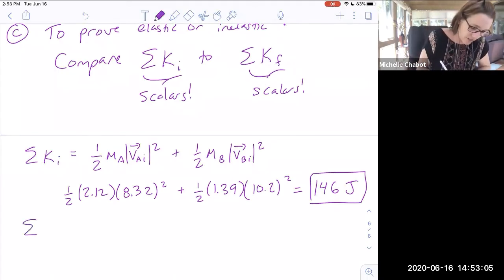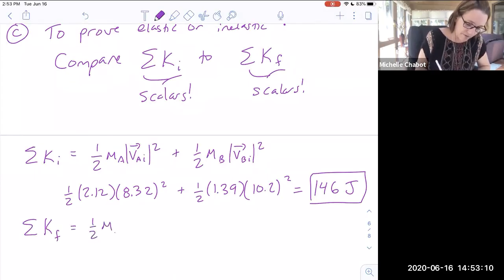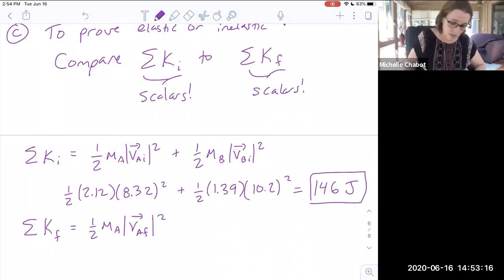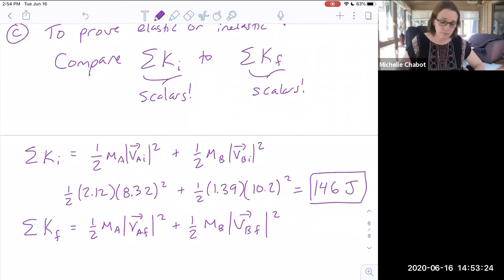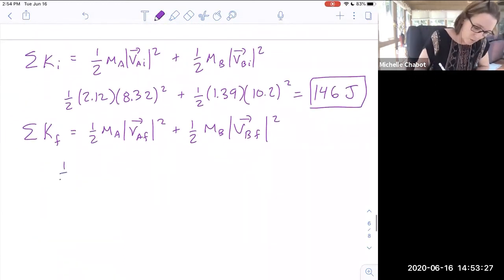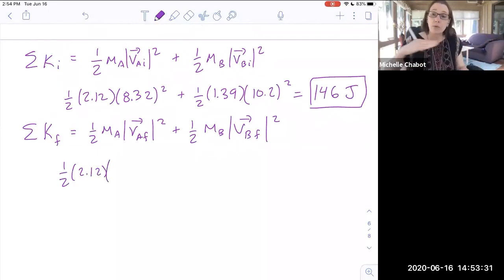So then I'm going to look at the sum of all of my final kinetic energies. So 1/2 times the mass of A times V A final squared, again speed, plus 1/2 mass of B, V B final, the speed squared. So 1/2 times 2.12, final velocity in A, that was given in the problem.